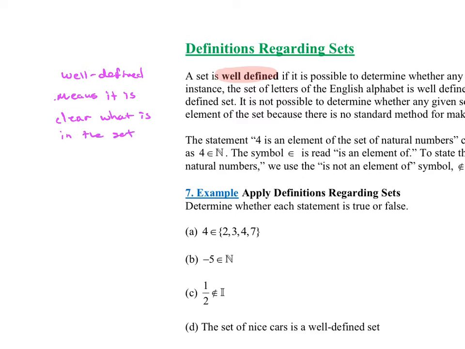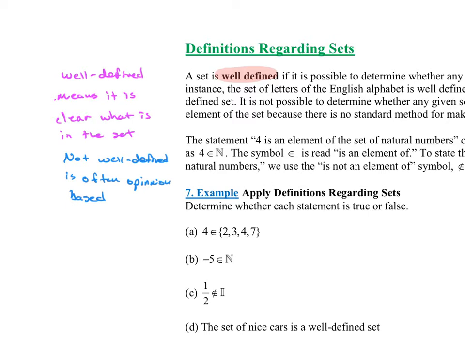Okay, not well-defined is often opinion-based. So what do I mean by that? Think about the set of songs, good songs. Isn't it an opinion to you and to me which song is a good song and which song is not a good song?